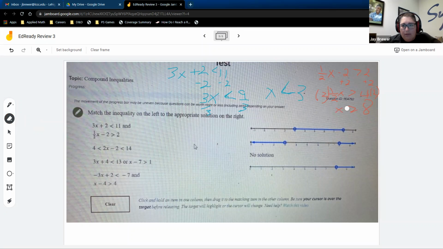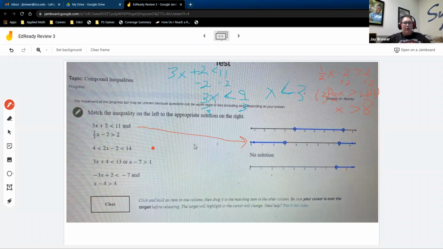Again, you don't have to have the x on the left, but if it is on the left, then it helps you out a little bit more. So here you can tell that would be this choice, this one right here. 3 is not inclusive because there's no equal to part, so it's an open circle and down, and then 8 open circle, not included, and up.